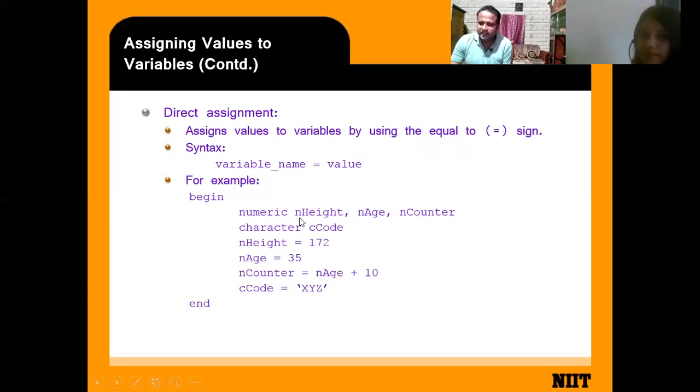Height is a numeric value, age is a numeric value, counter which is counting the value is another numeric value. So here we store a variety of numeric values. Height equals 172, age equals 35, counter equals age plus 10, code equals xyz. So this scenario is called direct assignment, which means we directly store the value.